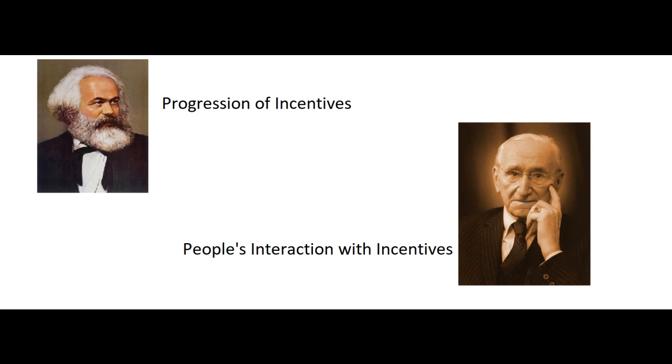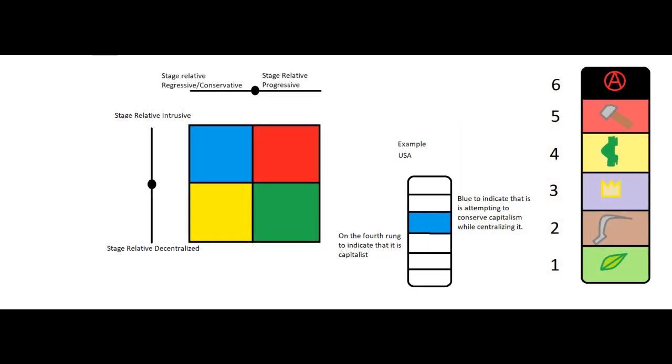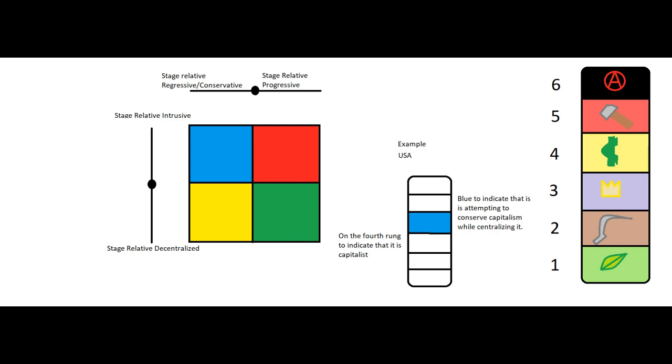So, first off, let's take a look at what Marx and Hayek are best at in terms of incentives, because they specialize in different areas. When Marx talked about incentives, he mostly specialized in how incentives evolve and develop over time, and roughly how people respond to that, although his main focus was the evolution of incentives.